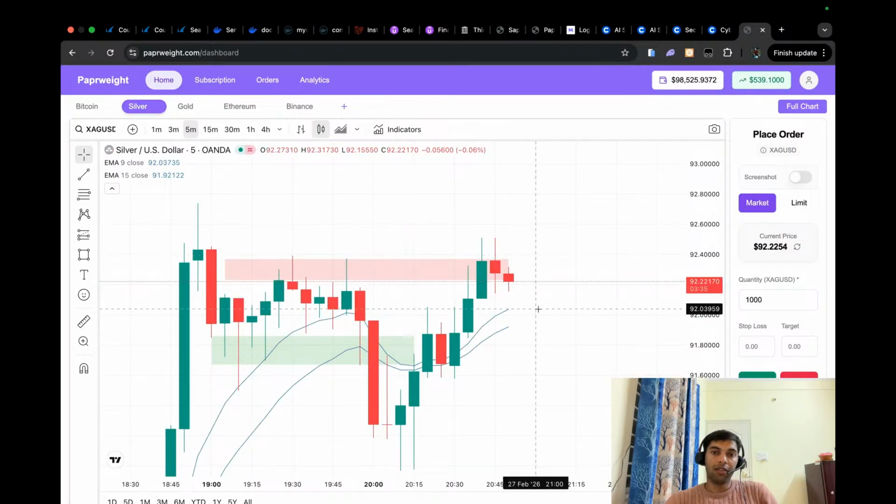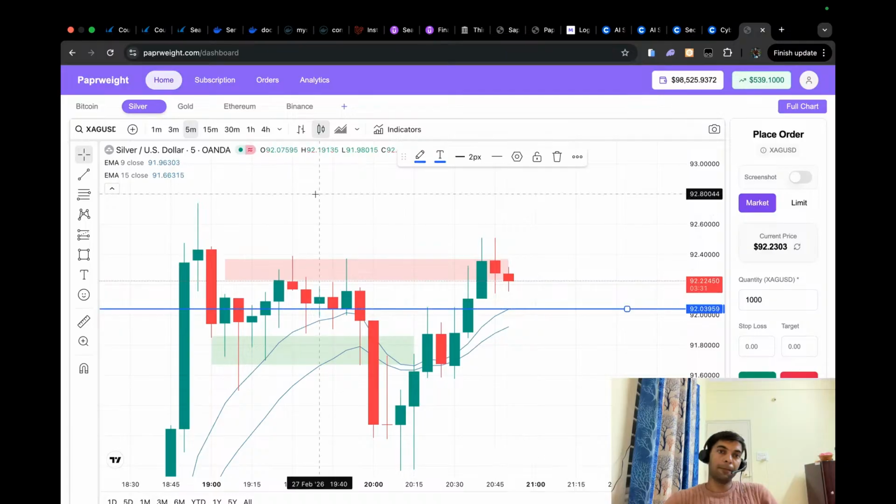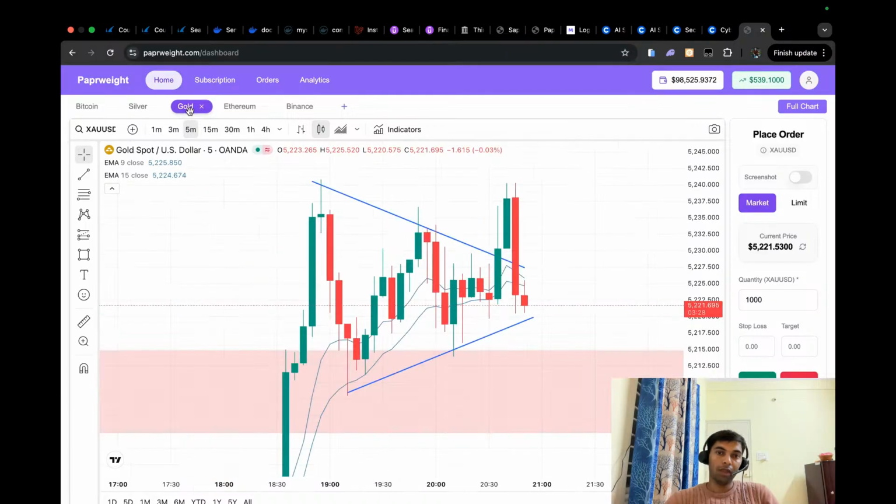Just wait, we will punch the buying order here in silver, because gold is at the buying zone, and if buying starts in gold, then it will push silver to punch the trade on the buying side.